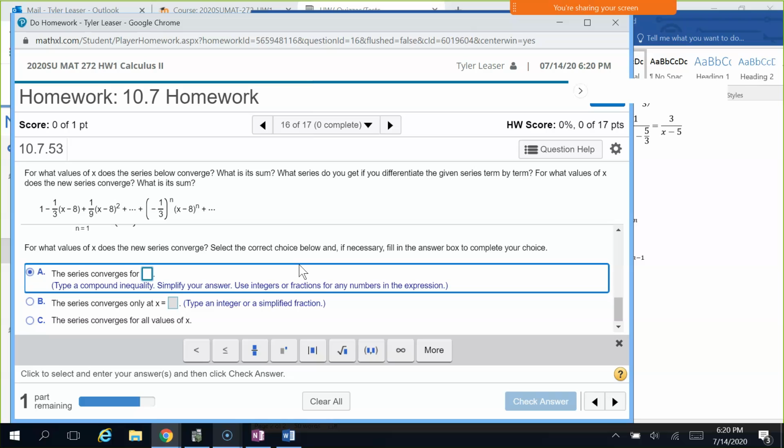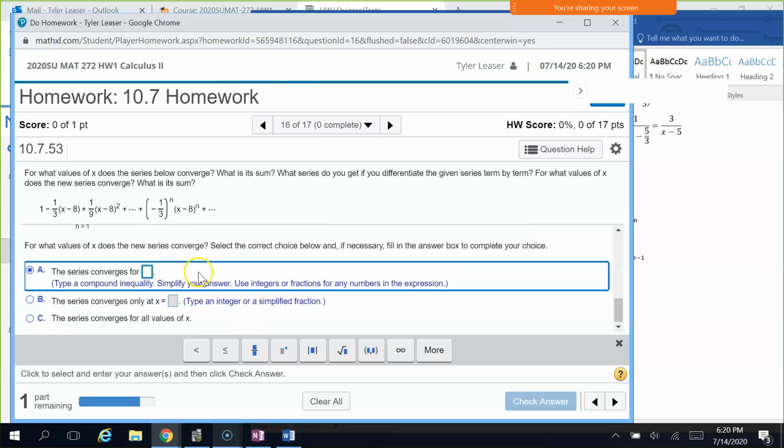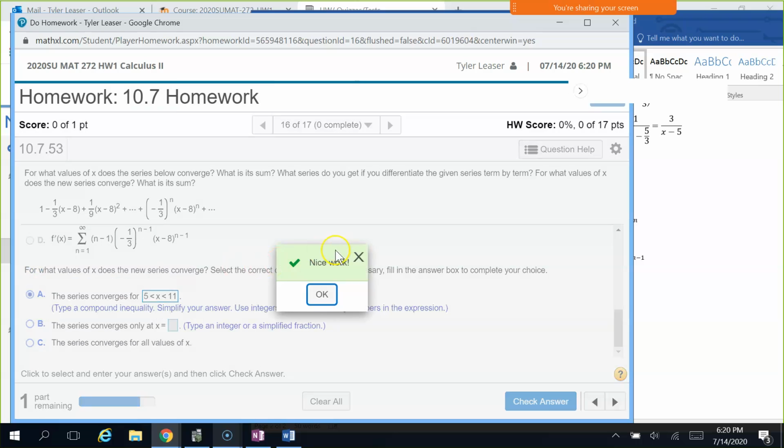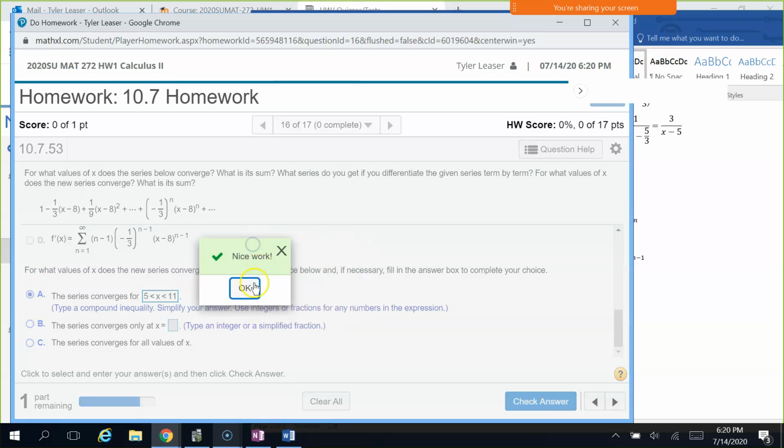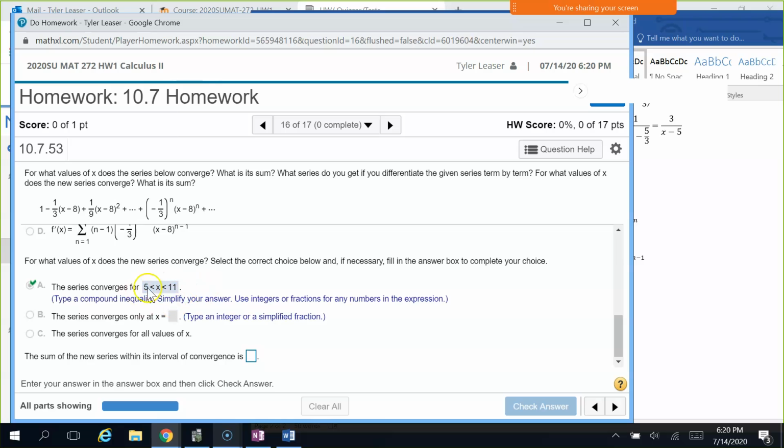In fact, almost 99.999% of the time it's going to be the same. So the interval of convergence was between 5 and 11. This one's also going to be between 5 and 11. So don't worry about the times that it's not the same, because that's never going to happen for you guys. When you take the derivative of a power series, just know that the interval is going to stay the exact same as it was for the original power series.